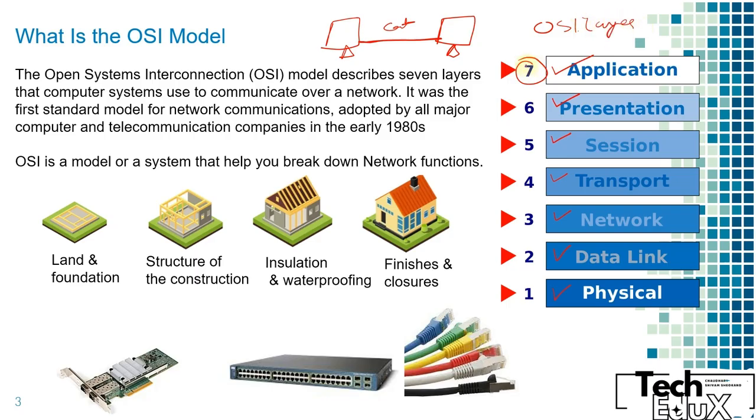When I describe each layer, you will have a very good understanding and idea. But this is just a flyby overview. Whenever you communicate over a network, you always have to have this OSI layer model in your mind. The OSI model is a system that helps you break down network functions.